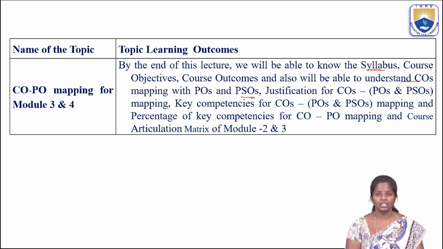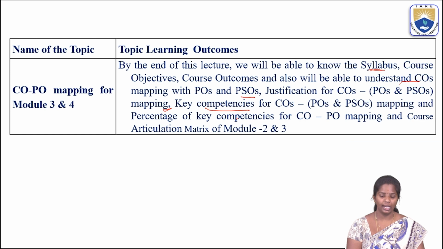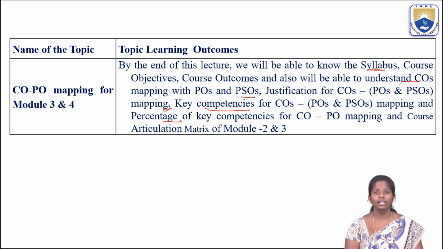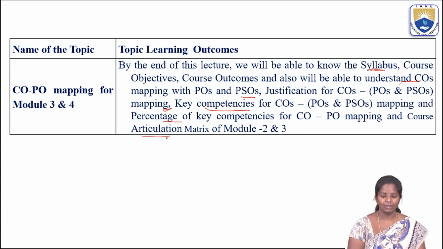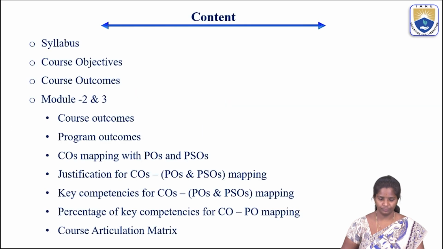Then the justification for COs with mapping, key competences for CO-PO mapping, percentage calculation for key competences, and the course articulation matrix of Module 2 and 3 for the chemistry subject.